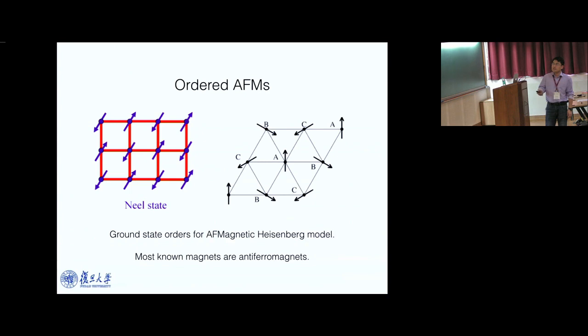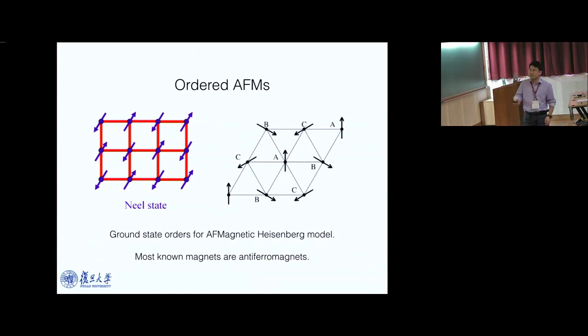Antiferromagnetism is actually much more common than ferromagnets, but it was not discovered until the 1950s, 1949, after the invention of neutron scattering, where people can see these non-trivial propagating wave vectors of this magnetism. So they see a magnetic Bragg peak emerge.